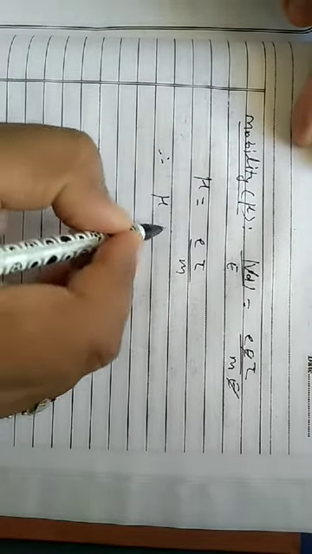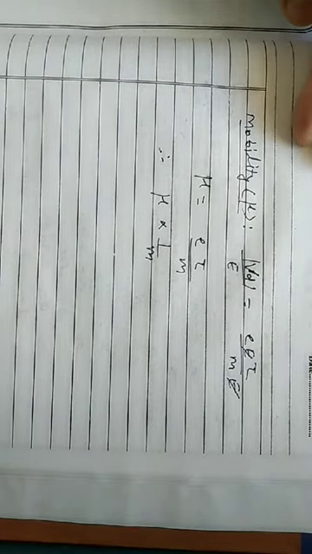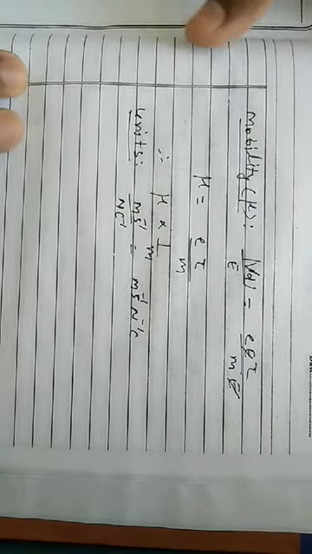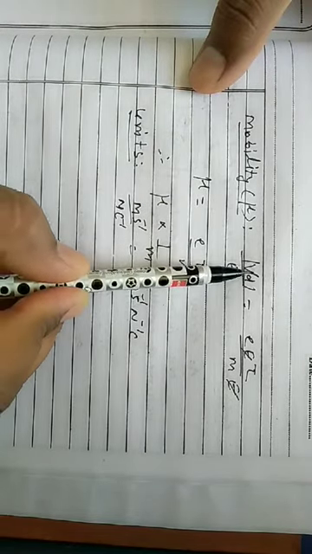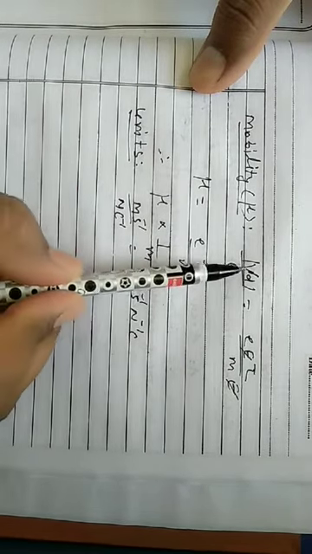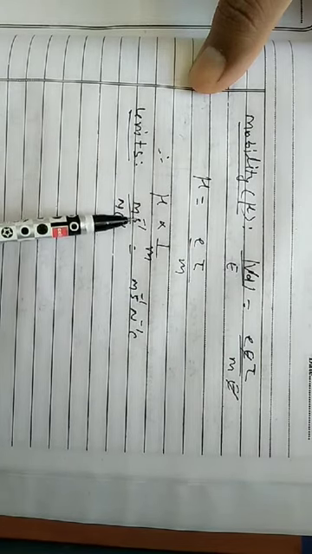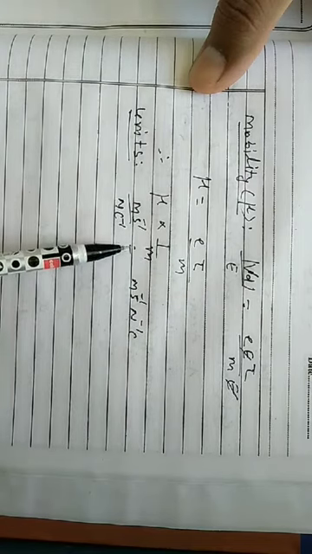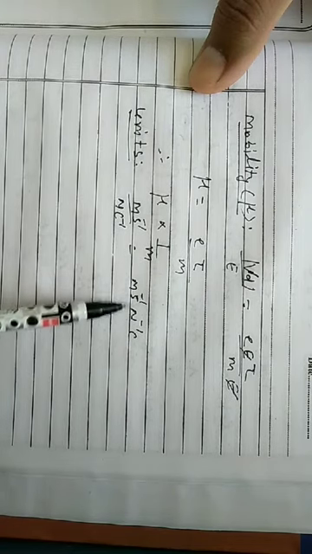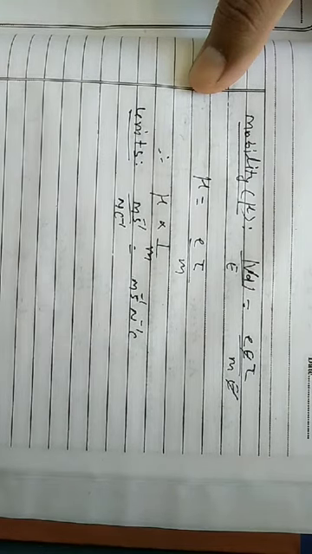Therefore mobility is inversely proportional to mass. Units for the mobility: we know mobility is drift velocity upon electric field. Velocity's unit is meter per second, electric field E is Newton per coulomb. So we get meter per second per Newton per coulomb.